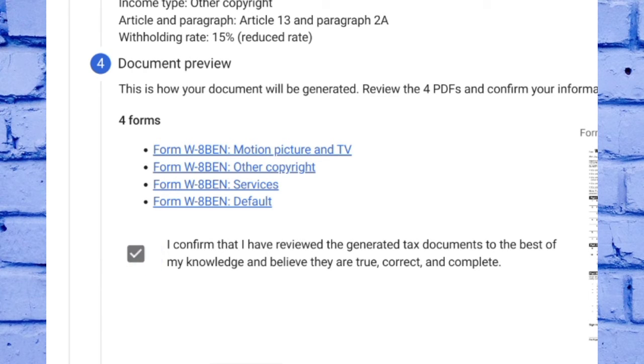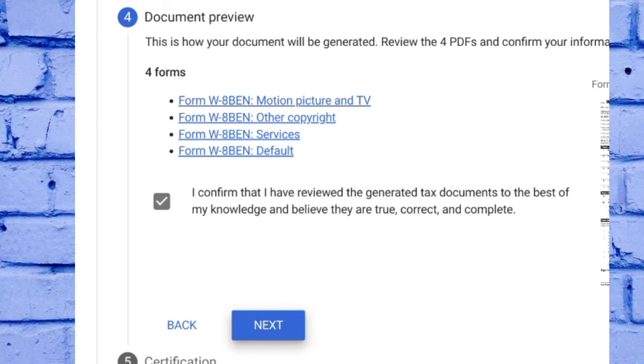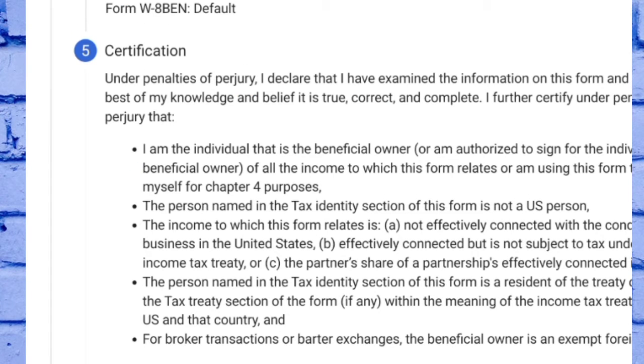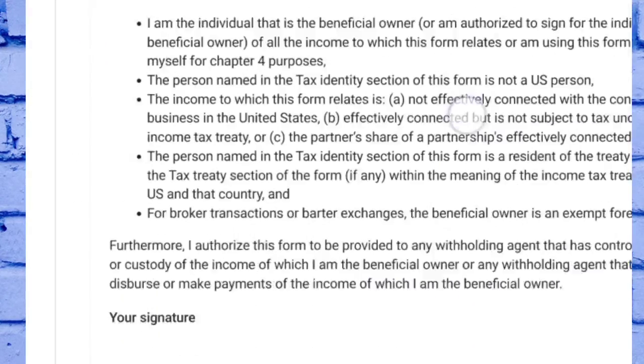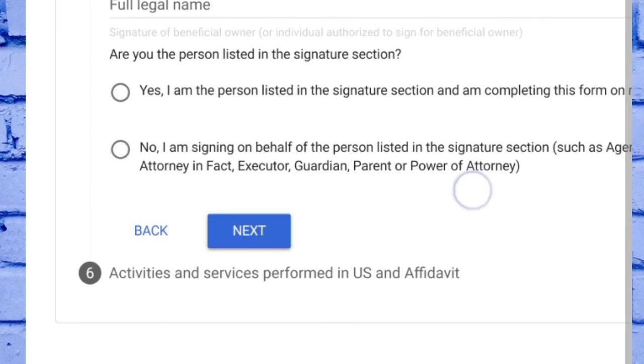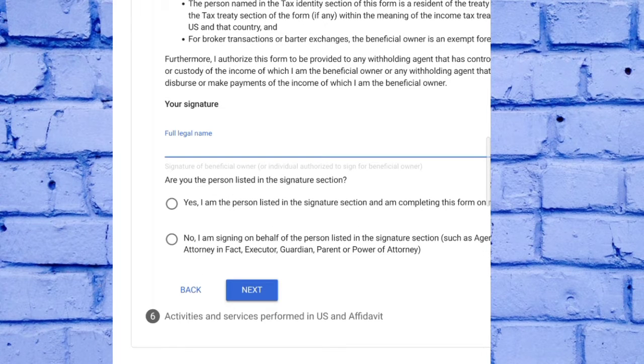So, check nyo lang yan. I confirm that I reviewed the generated tax documents and to the best of my knowledge and belief they are true, correct, and complete. So, next. Yan. Legal name, so yung totoong pangalan natin.